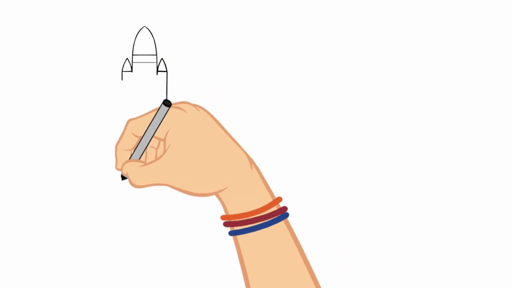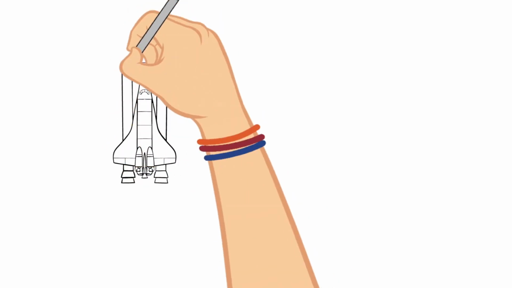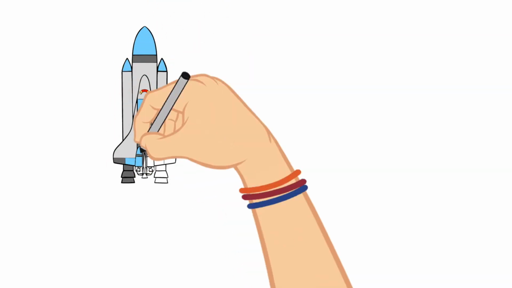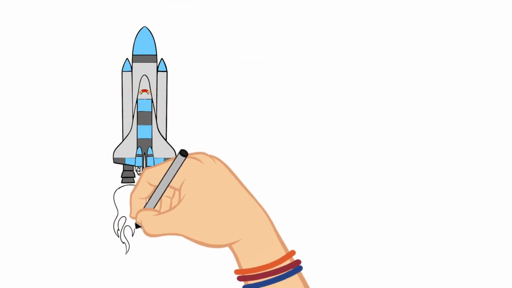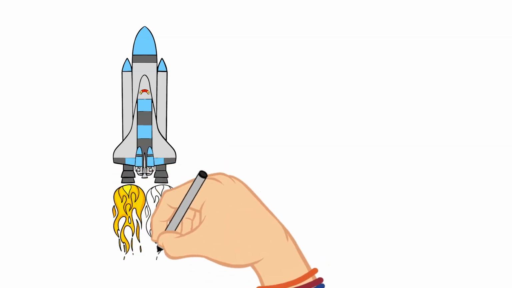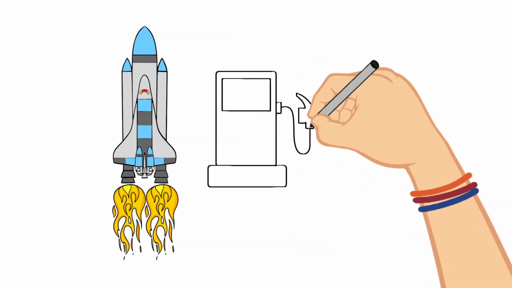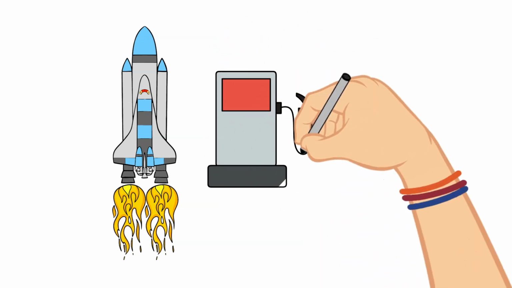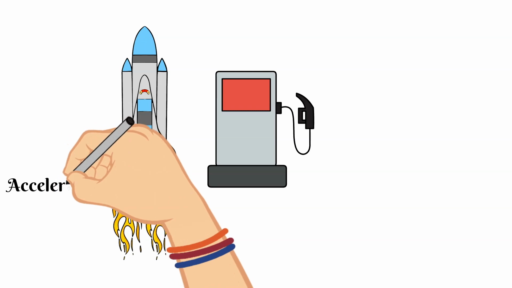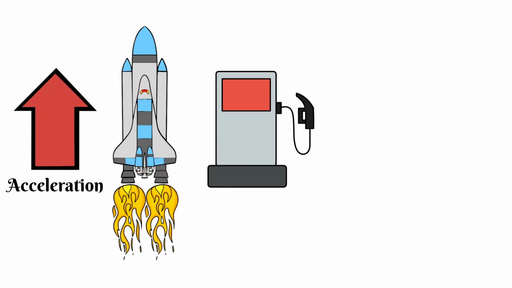Okay, so now we know all this information. Let's talk about one final example to further our understanding. When NASA launches a rocket into space, during the launch, the rocket is using fuel to maintain its acceleration. So as the fuel is used, the mass of the rocket goes down.